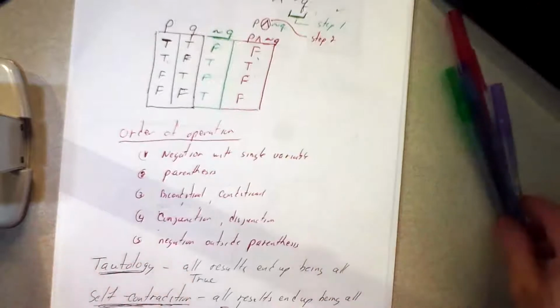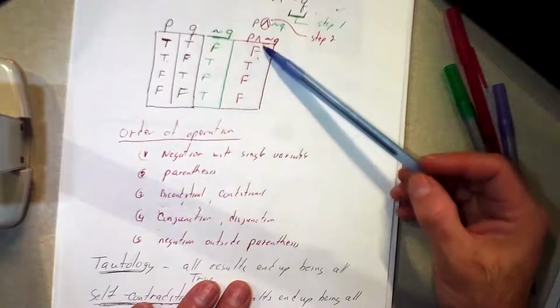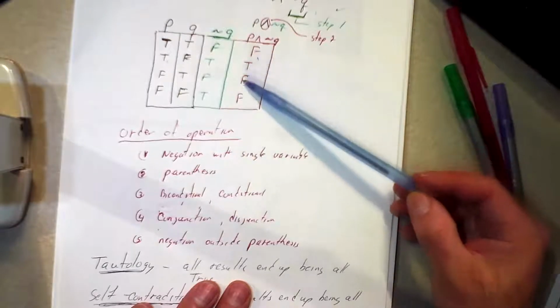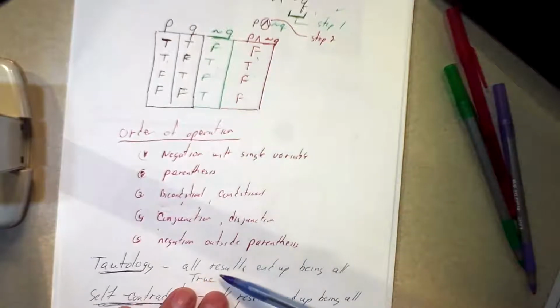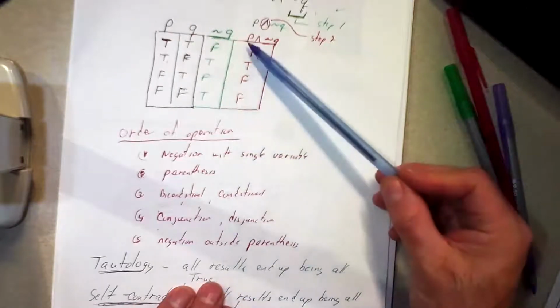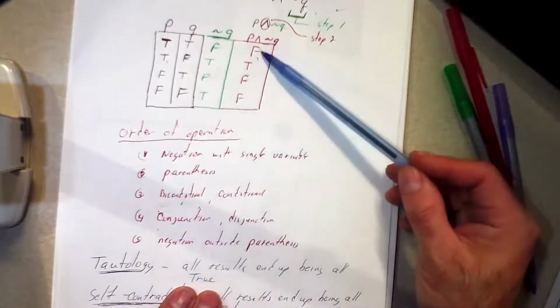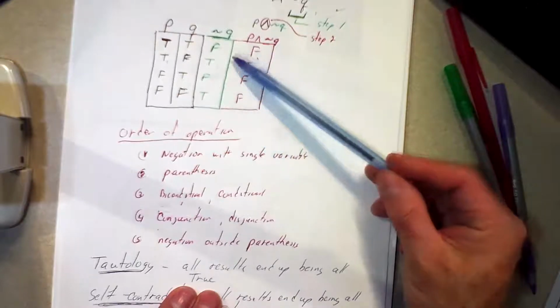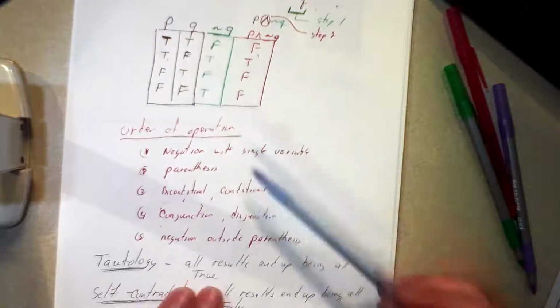Now, when you're performing these truth tables, if all of the results that you get end up being true, let's just say all of these were true, we call that a tautology. That means that all the results ended up being true, all of them. It's rare, but it happens.